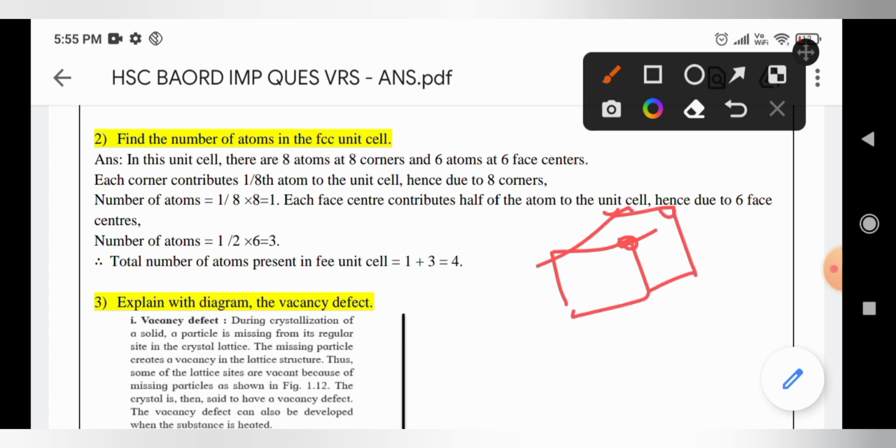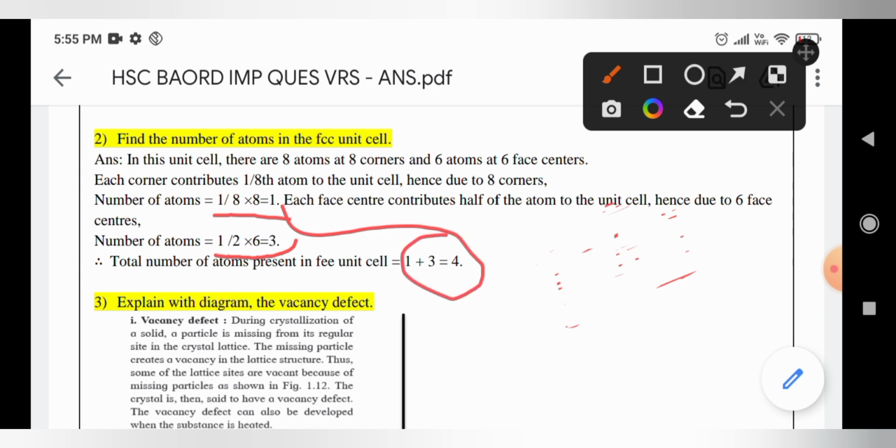There are 8 corners, and each corner contributes 1/8 part. In addition to this, a half atom is present at each face. There are 6 faces and 8 corners. So 1/8 from the 8 corners is equal to 1, and half from each of the 6 faces gives 3. So 1 plus 3 is 4. So the number of atoms in FCC is 4.